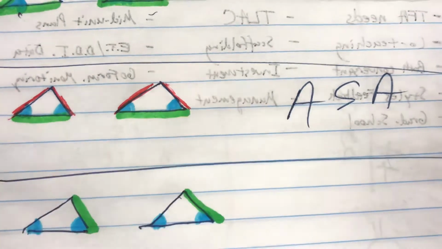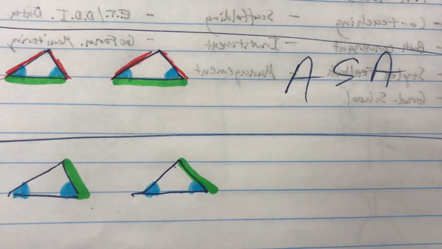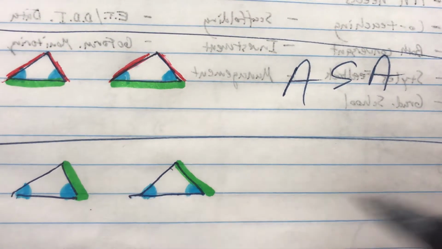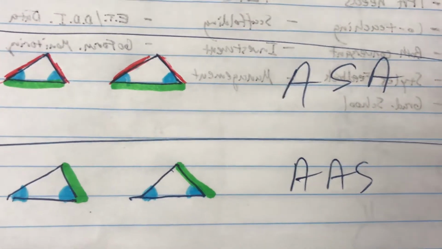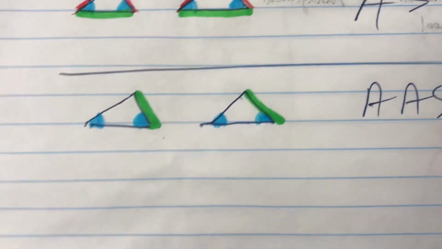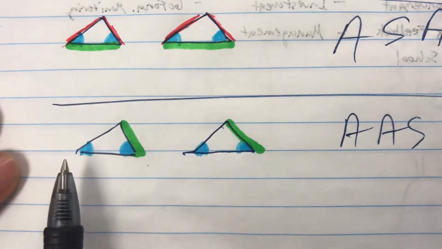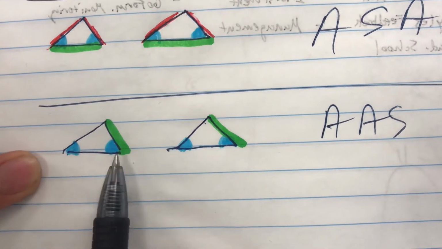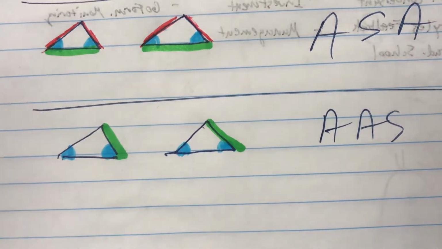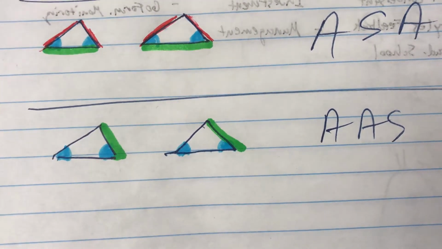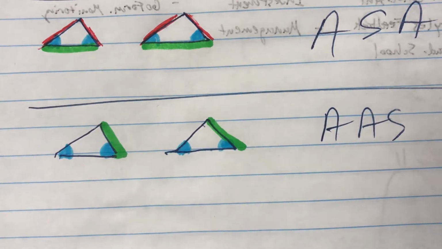And here's the last thing that you have to know. It sounds the same, but it's not really. It's called angle, angle, side, okay? Which is really more of the same. If you're given consecutive angles, like this angle and this side, and they are corresponding with another triangle, you're able to conclude that these two triangles are congruent. Why?